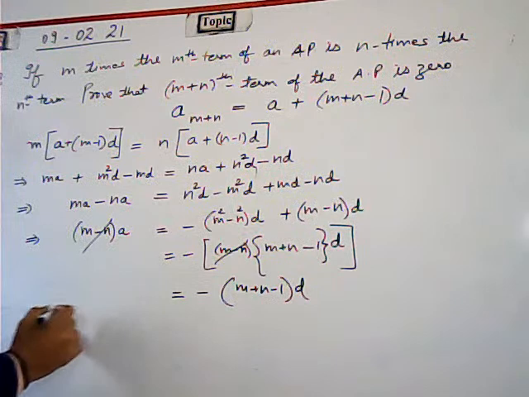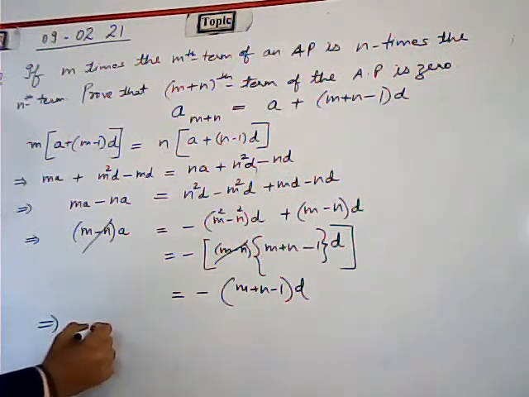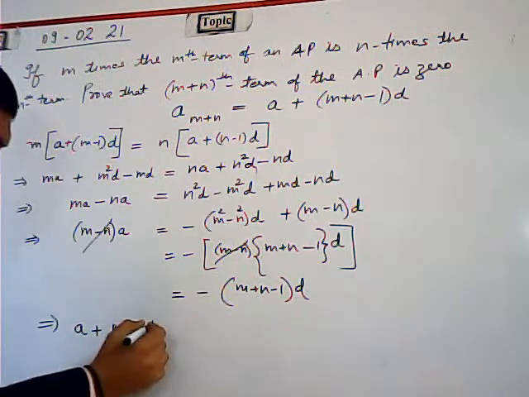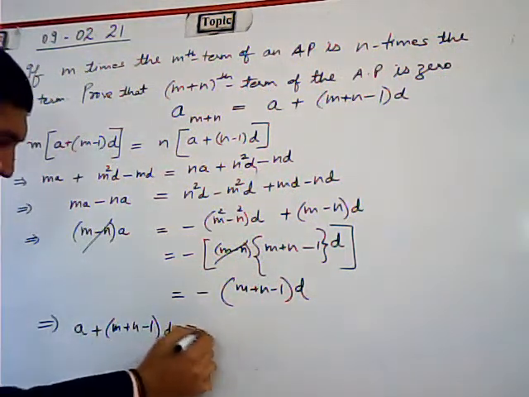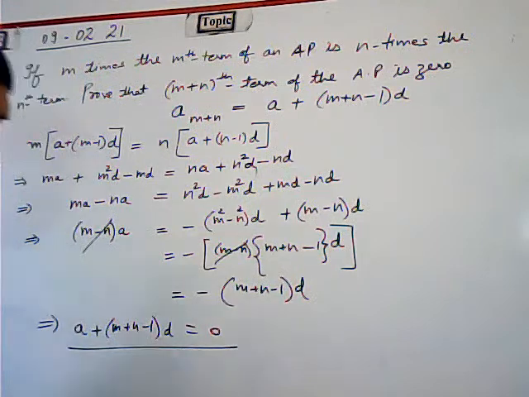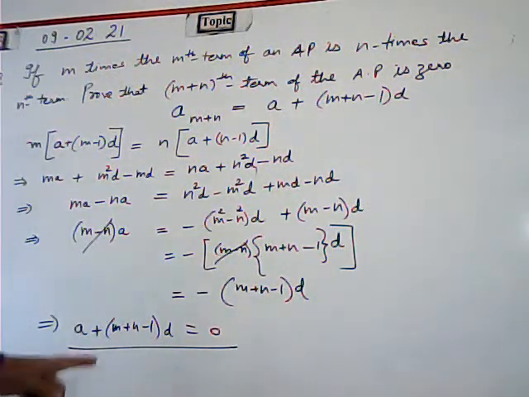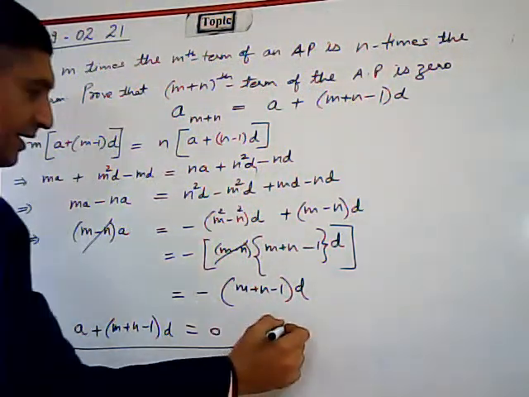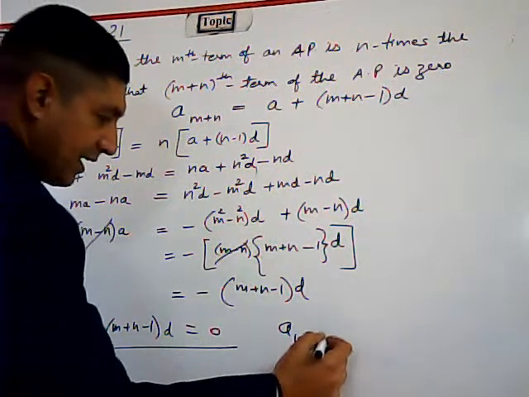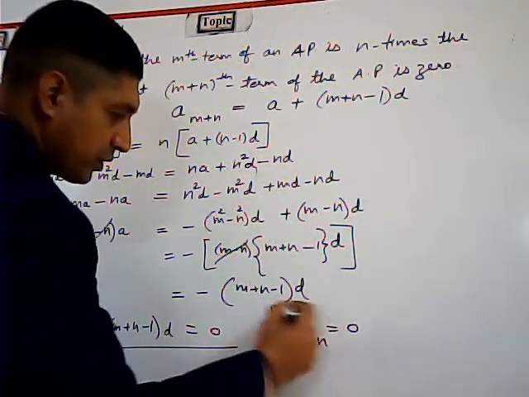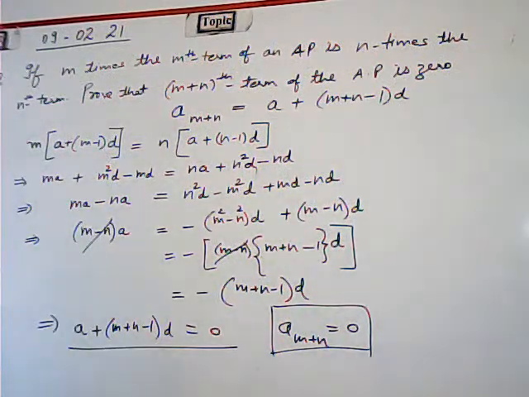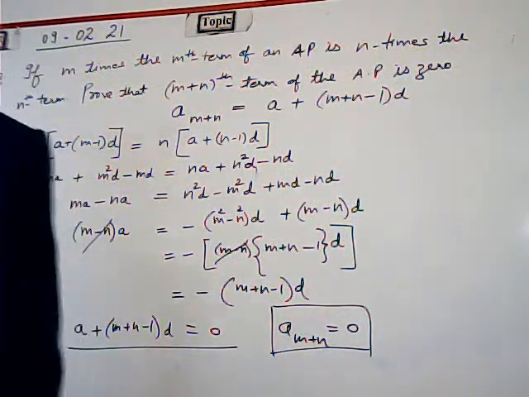So here m minus n and m minus n get cancelled, right? This implies that a plus m plus n minus 1 into d is equal to 0, right? So in this way we can prove that a plus m plus n minus 1 into d, which is the m plus nth term, is equal to 0, right? So in this way we can prove it, right?